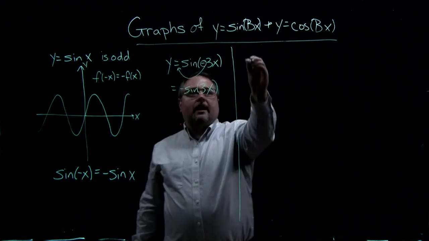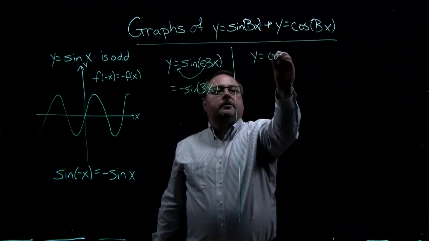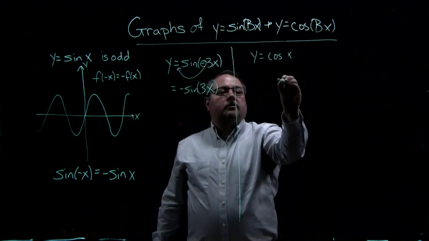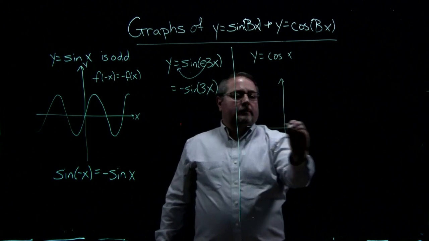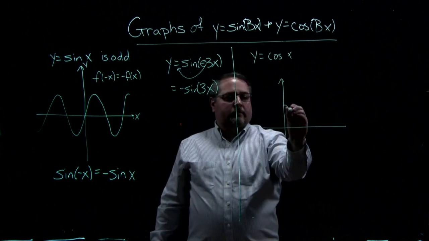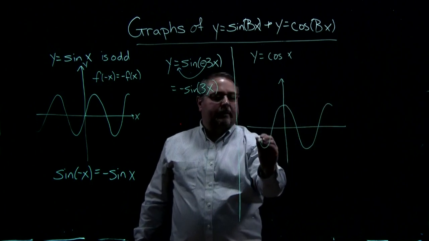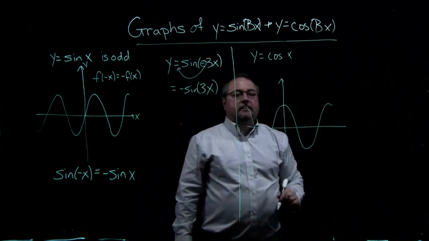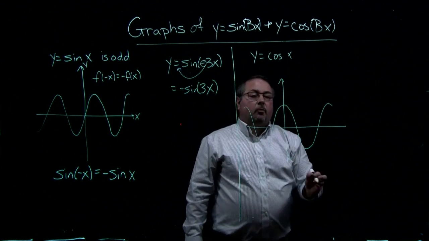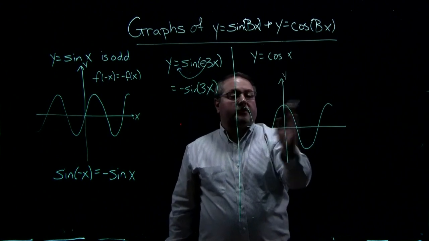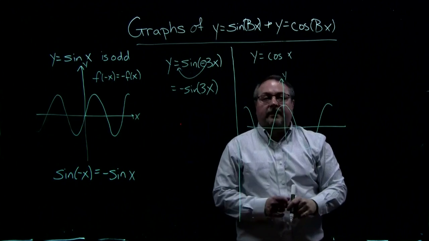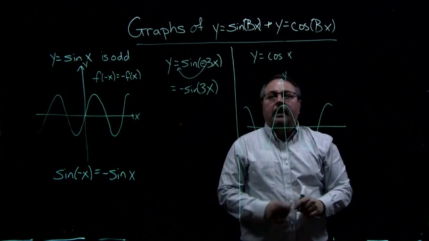Similarly, if we look at the graph of the cosine function, y equals cosine x, we see that the cosine graph also has symmetry. It's symmetric about the y-axis, so the two sides of the graph on either side of the y-axis are mirror images of each other.